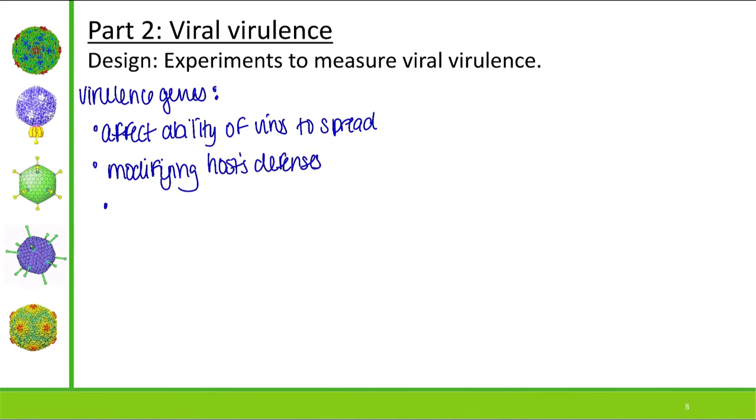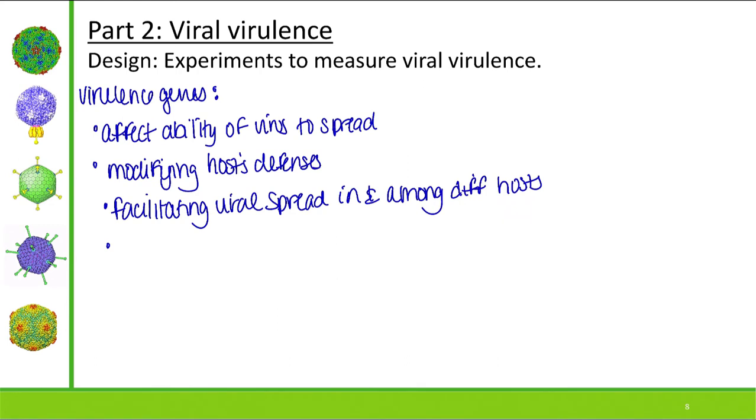We can also have things like facilitating viral spread, and this could be viral spread in and among different hosts, or these can be things that are directly toxic. And some examples, of course, are going to be things like our virokines, our viroceptors. So those are specific examples that we just talked about.